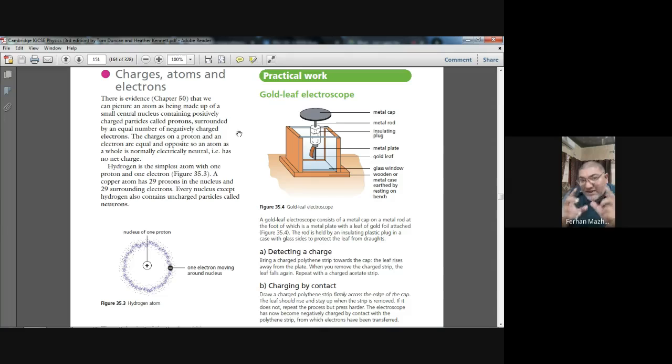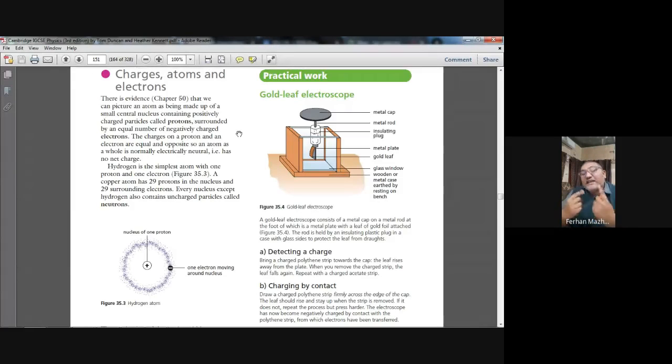The main concept which I want you to understand and remember in this chapter is that electrons are given to an atom and that atom will become negative. Electrons are taken away from an atom and that atom will become positive.